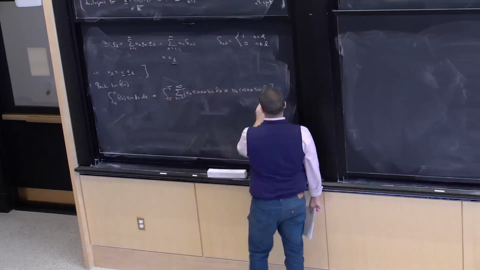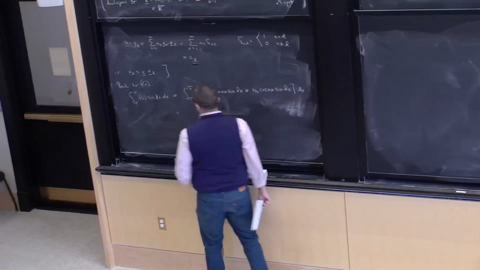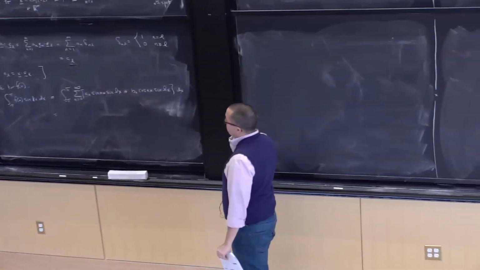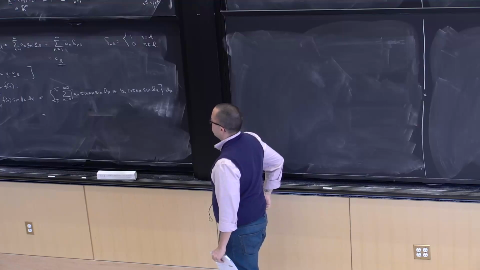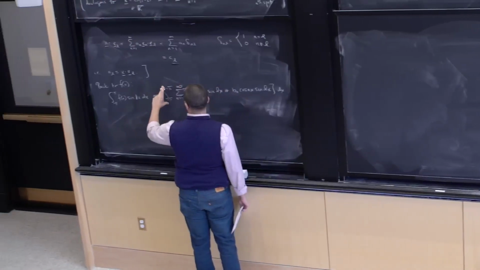Okay, I'll just write it. Stop being lazy. Now, assuming I can do what I'm about to do, and that's actually going to be a lot of the motivation for what we're going to discuss in our final chapter. Assuming I can take this infinite sum and interchange it with this integral.